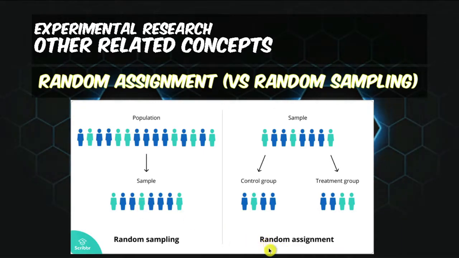Random assignment pertains to the distribution of your sample to your comparison groups. Here the term treatment group is used, but it is the same as your experimental group.